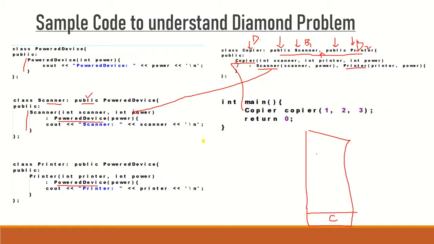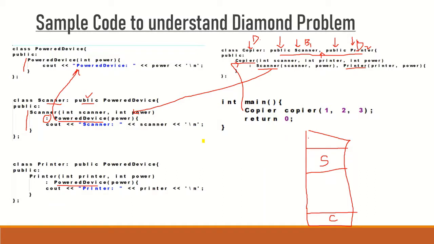So let's create the scanner class object here. When you call the scanner class object, it again has the initializer list, and the scanner class object again calls which class constructor? Its base class, power device.